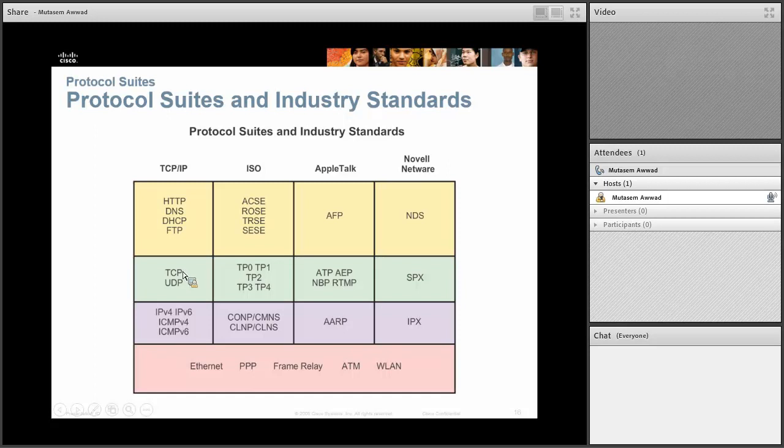Then these protocols will do whatever they need to do to the data that came up from upstairs, then they give it to the internet protocol, which is right here, the IP protocol. If you're running IPv4, then you place the segment into IPv4 packets, put IPv4 addresses and a whole bunch of other labels on it before you give it to your Ethernet or frame relay or wireless LAN NICs before they send it out.